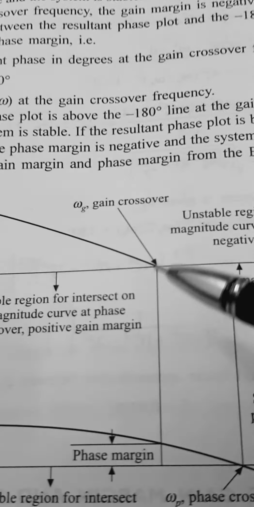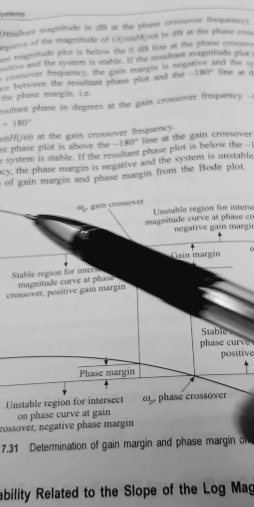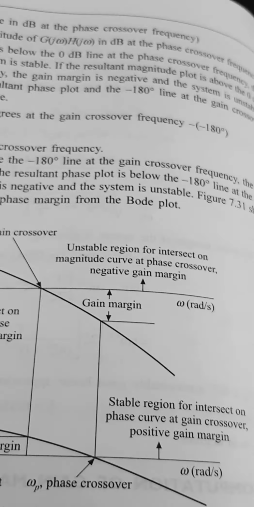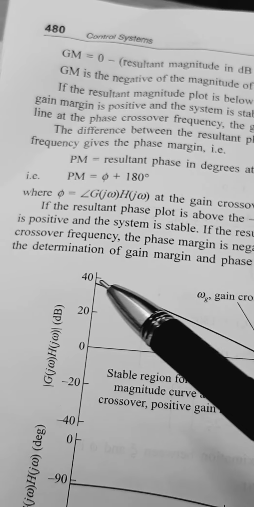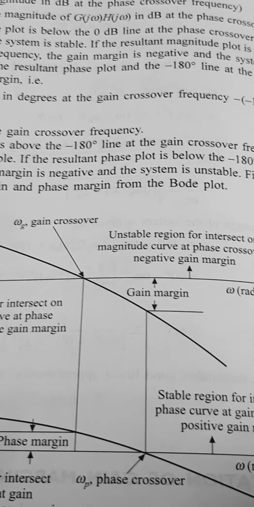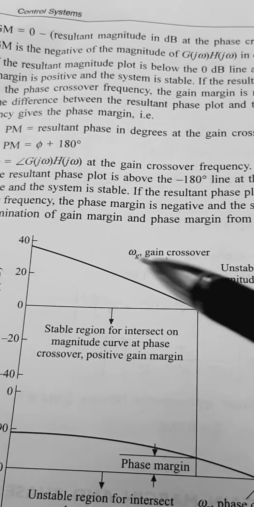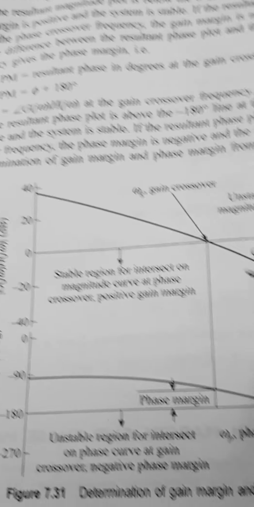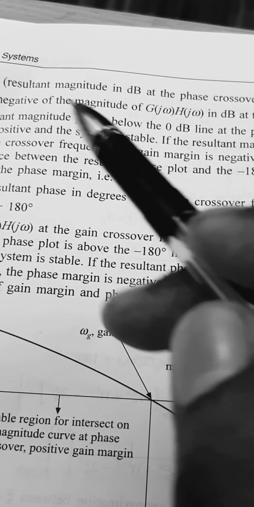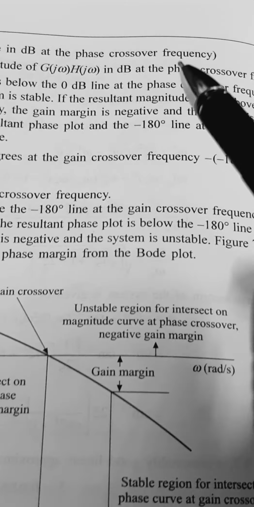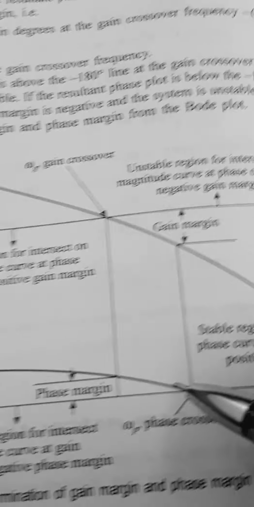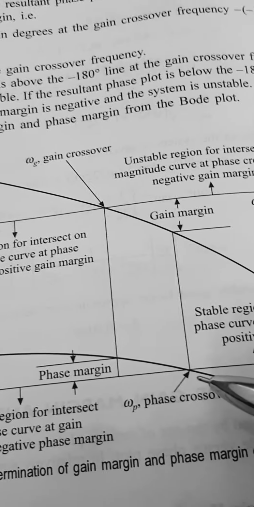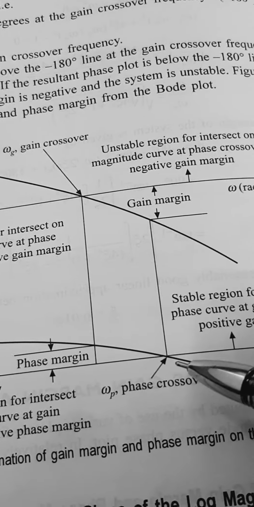Now, for example, this diagram, you concentrate on it, very important diagram. So here you can see the gain plot or the Bode plot, and this is the phase plot. Now gain margin is 0 minus the resultant magnitude in dB at the phase crossover frequency. Phase crossover frequency is the frequency at which the overall phase crosses minus 180 degrees.